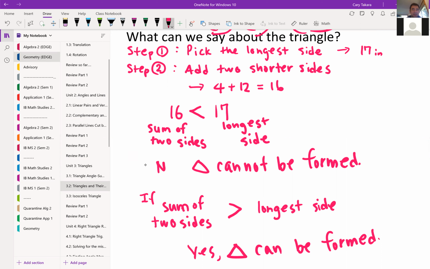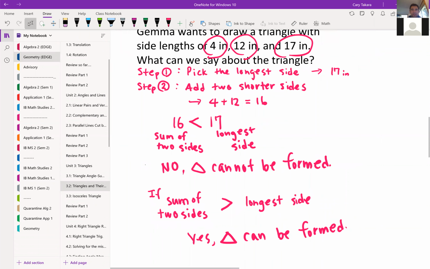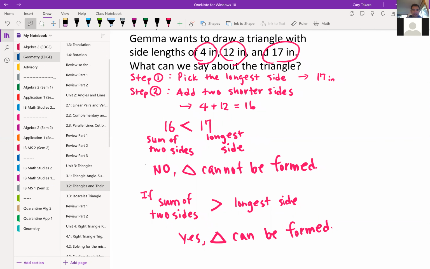This one is a no. A triangle cannot be formed. Would you write it down? And this is how you test it. Okay.